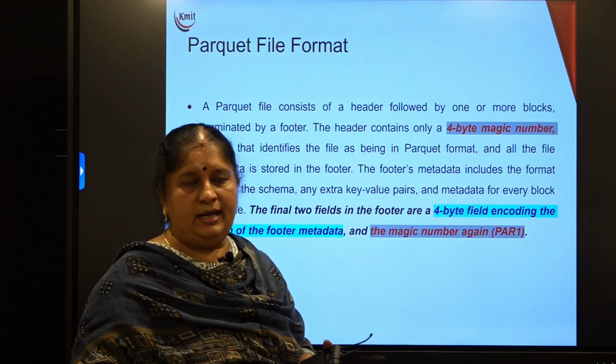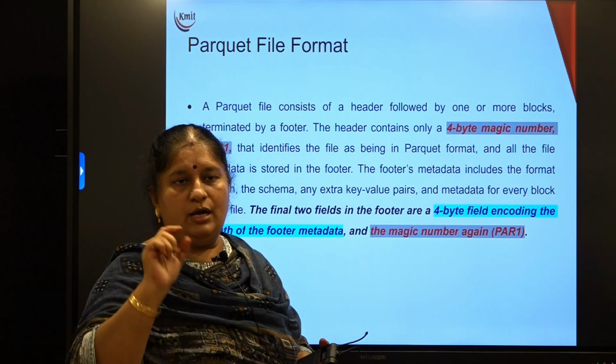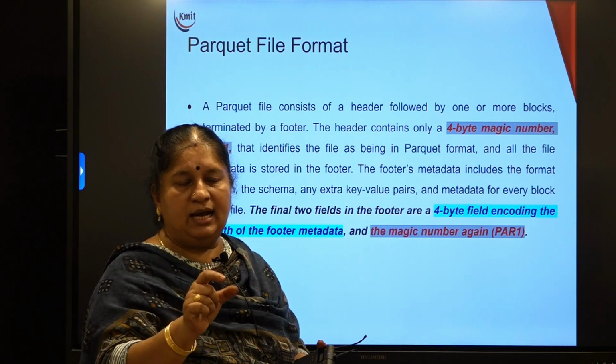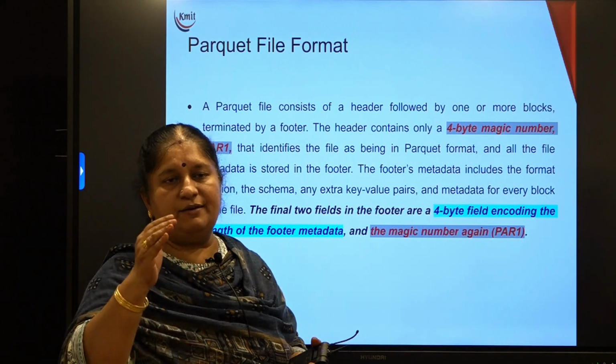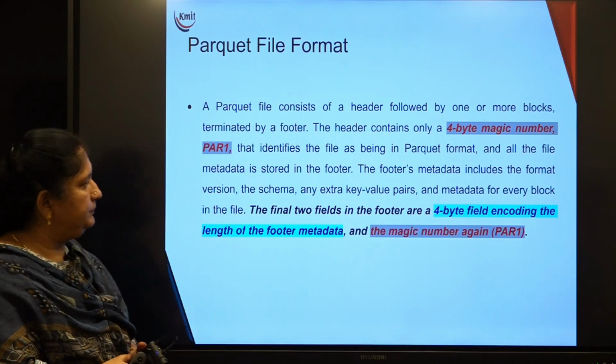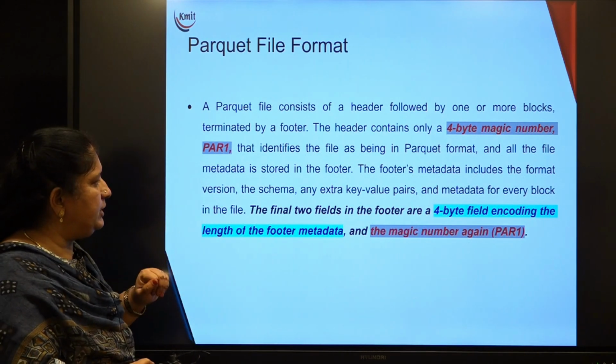What is there in the header? PAR1. We call it the magic number for Parquet files. Just by seeing that, the system identifies the file as being in Parquet file format, right? PAR1 for every Parquet file will be the magic number.